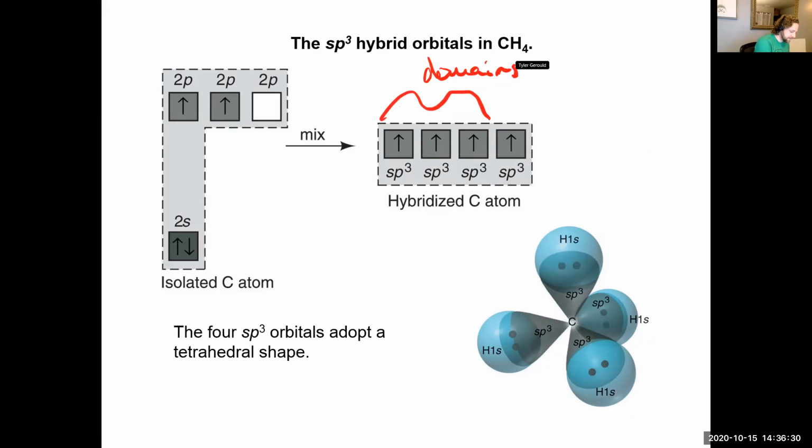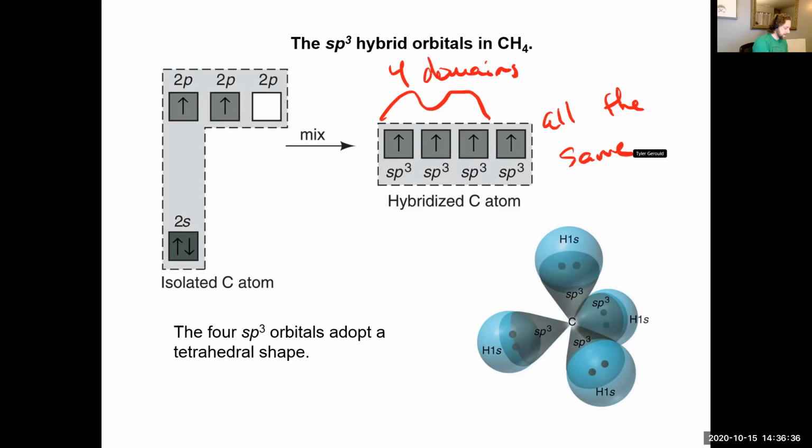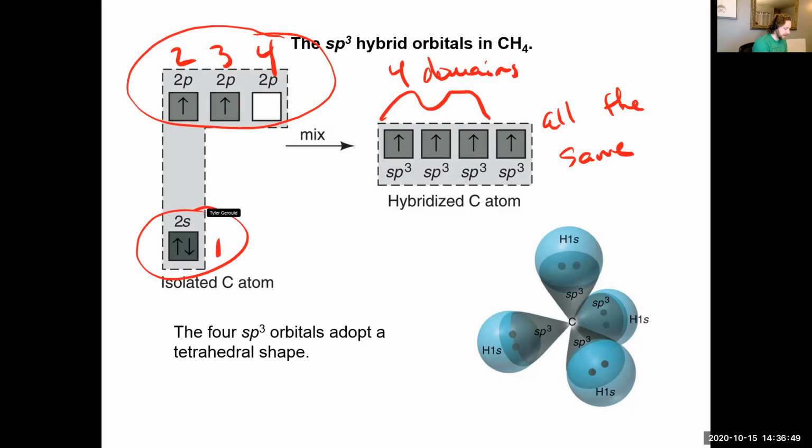So 4 domains. They're all the same. And so the idea of getting 4 domains being the same, you take all 4 of these and blend them together, that is an s and 3 p orbitals.